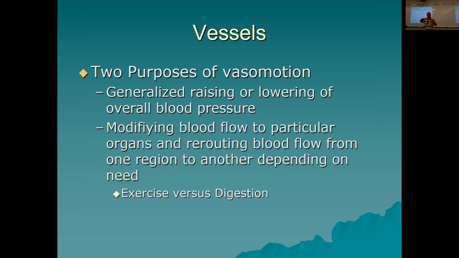You have to maintain blood pressure. So if you dilate blood vessels in one part of the body, you have to constrict blood vessels in another part to maintain blood pressure. So, digestion. You don't need your digestive system or your urinary system if you're out there exercising. So those arteries are constricted.